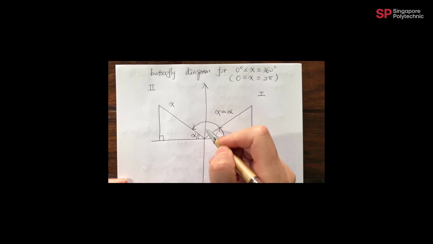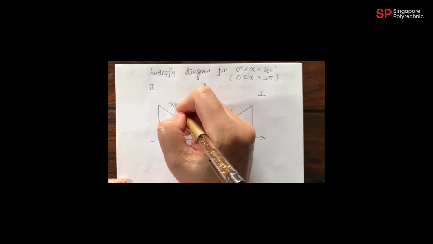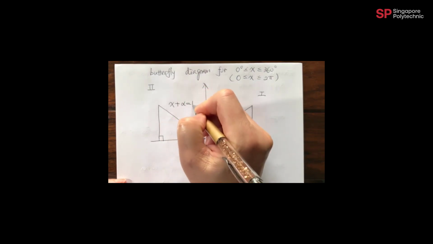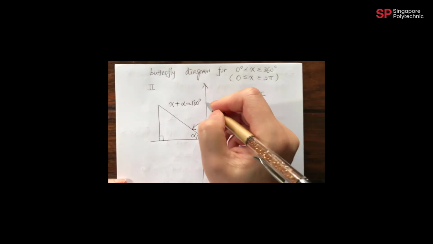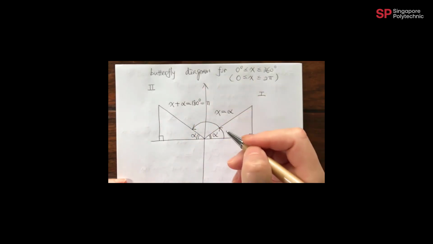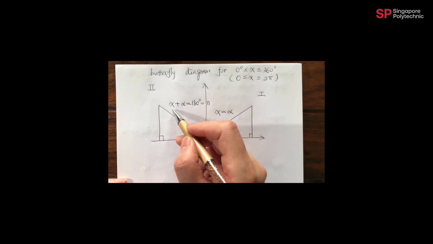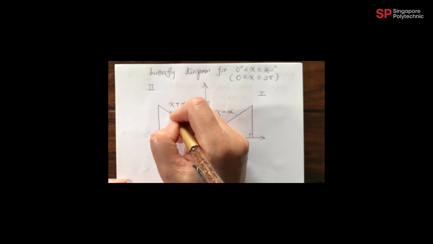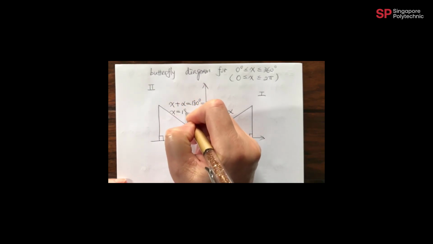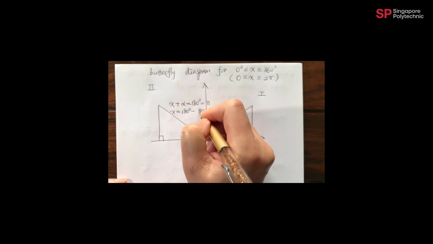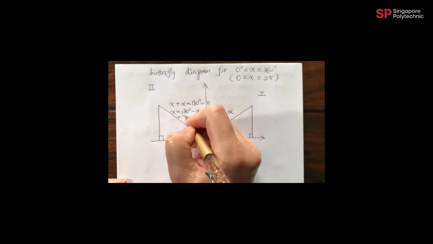Half cycle is equivalent to 180 degree, or in radians is pi. So if I rewrite this formula and make x the subject, I will get x equals 180 degree minus alpha, or pi minus alpha.